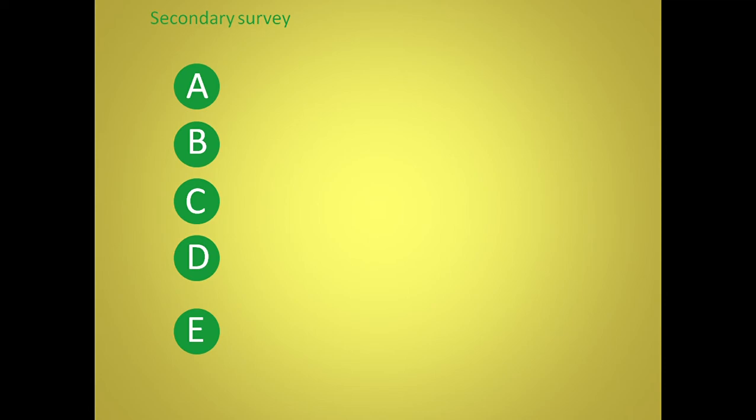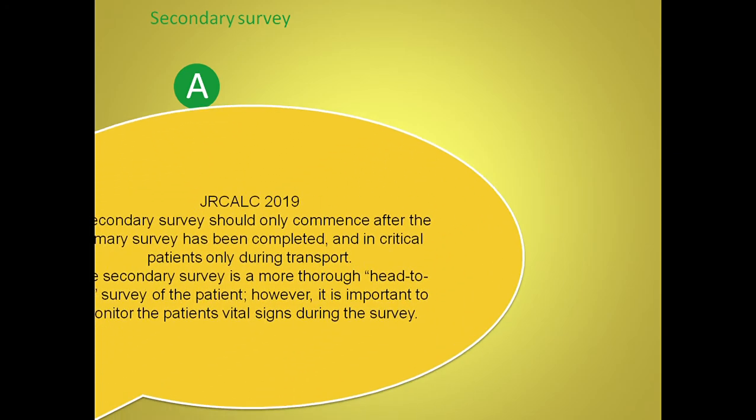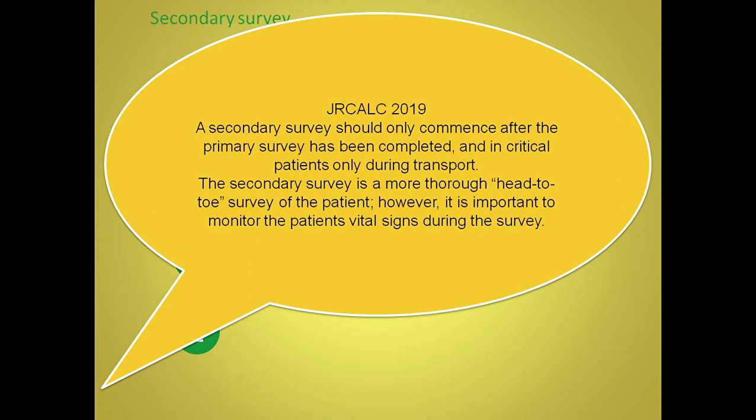So when we're thinking about our secondary survey, we are going to repeat that A, B, C, D route again. A secondary survey should only commence after the primary survey has been completed, and in critical patients only during transportation.